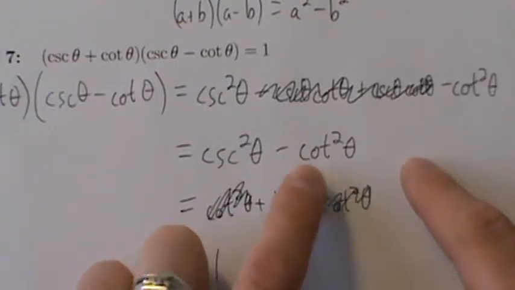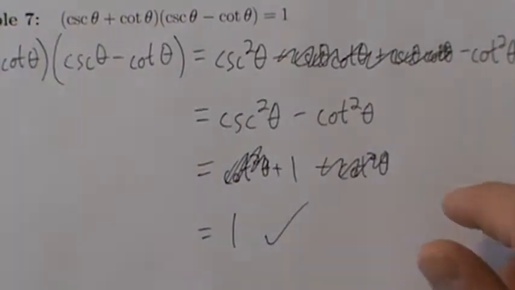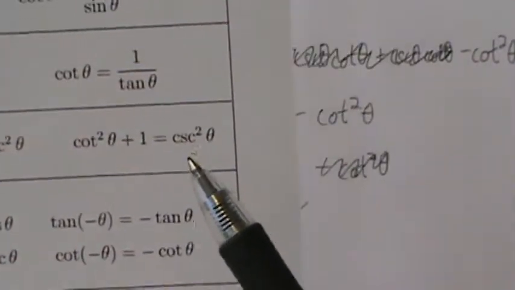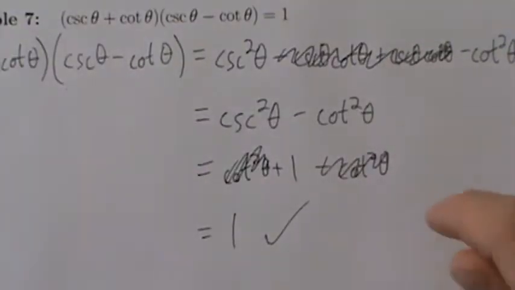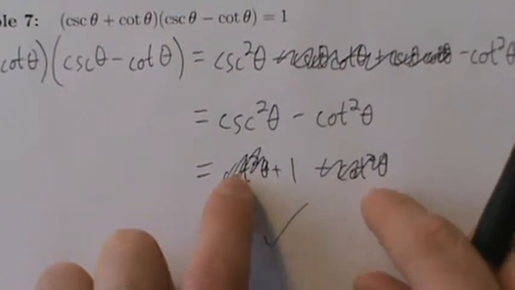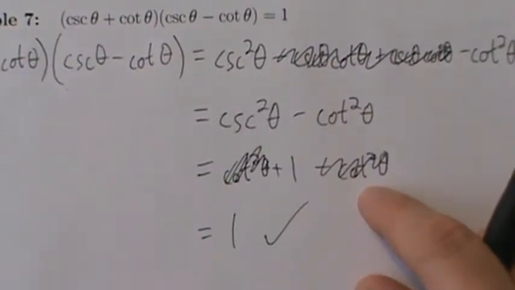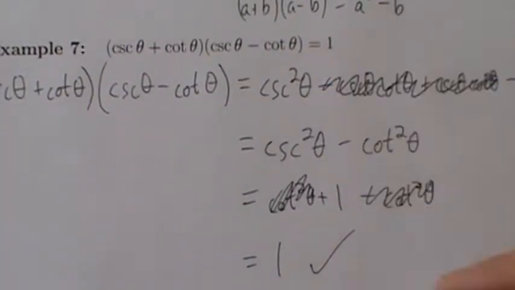Then we said the Pythagorean identity tells us that cosecant squared is the same thing as cotangent squared of theta plus 1. We used that fact here, the cotangent squared canceled, and we just ended up with 1, which is what we wanted. So check mark, we're good.